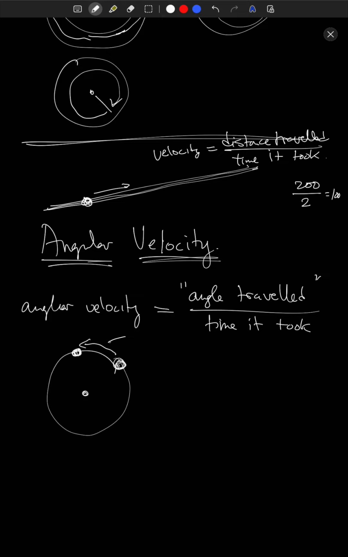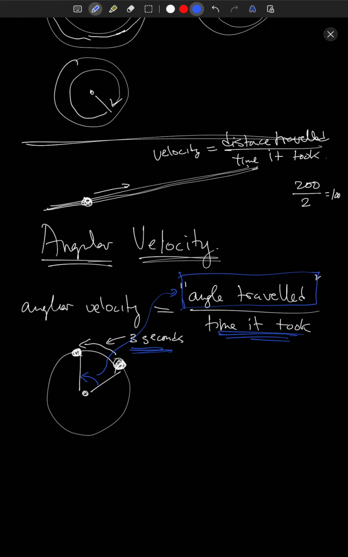And let's say it took me 3 seconds to go from our start point to our end point. So by the angle traveled, I mean this angle right there. The time it took is the same, 3 seconds.